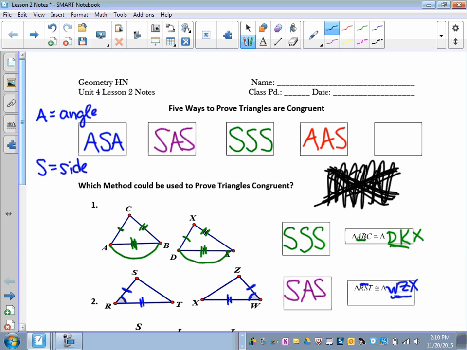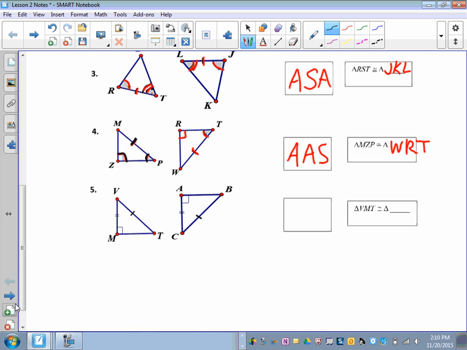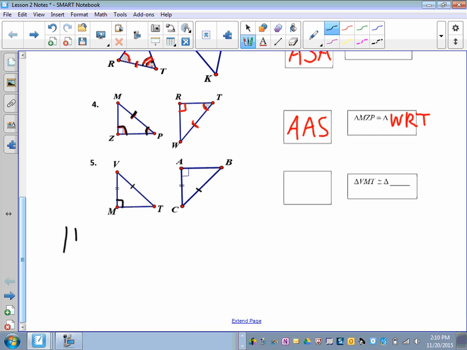So what our last one is actually HL. Let's take a look at our last example. What type of triangle is this? It's a right triangle. And we have the method HL. Anybody have an idea what those might stand for?